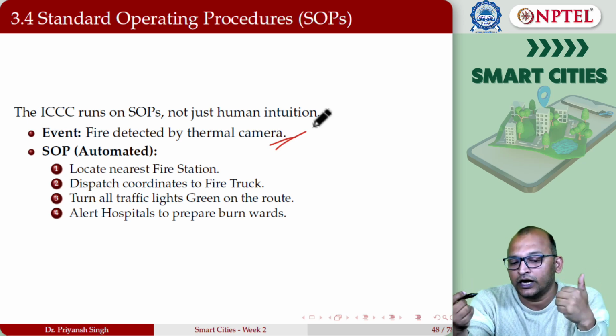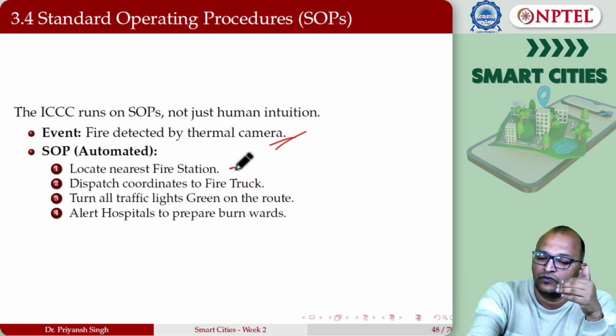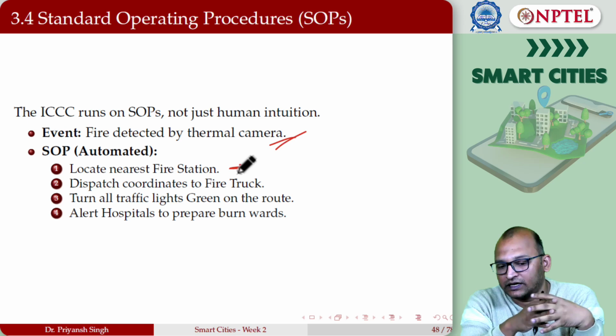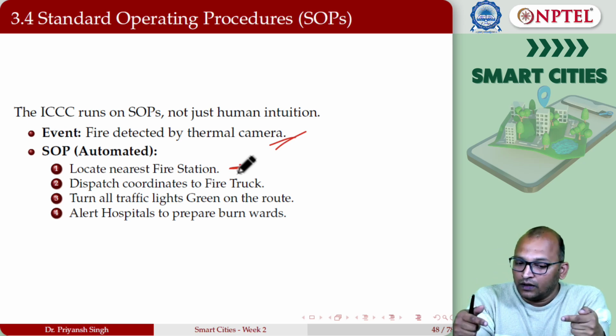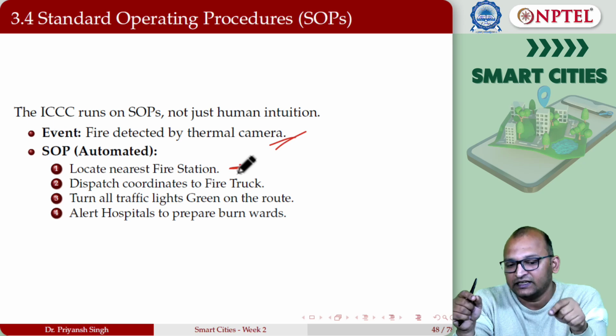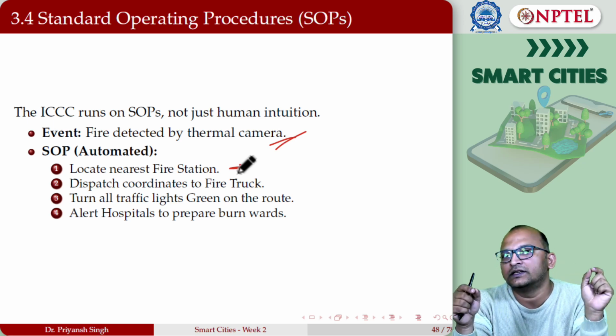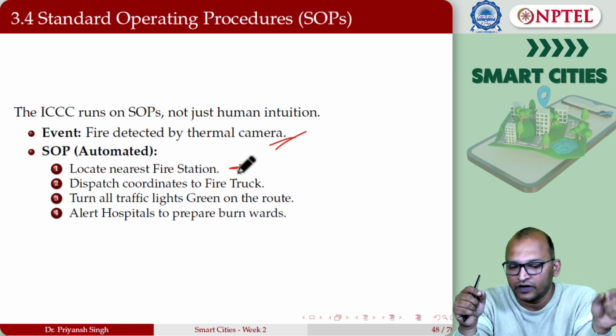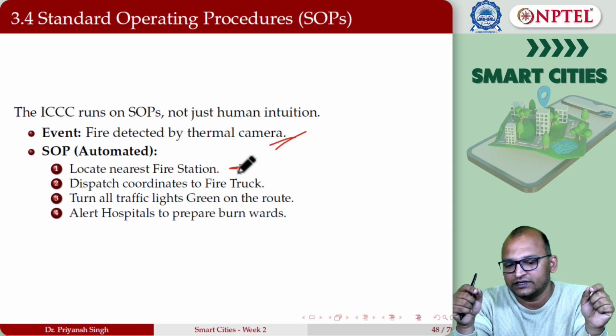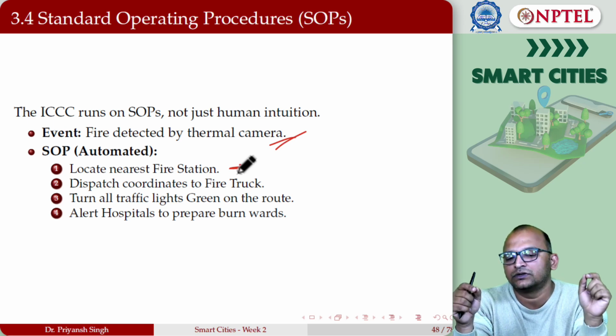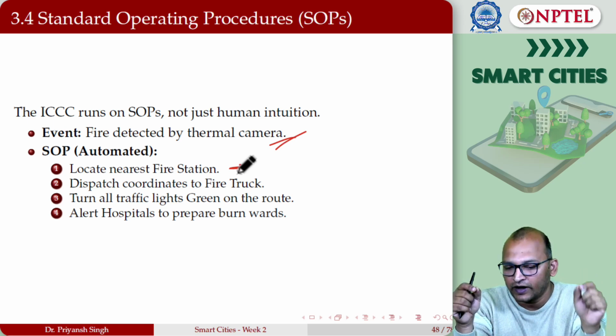Step 1 will be to locate the nearest fire station to where the fire has been detected. An alert will be sent to that fire station that there is a fire outbreak, and the fire station will dispatch coordinates to the fire truck.